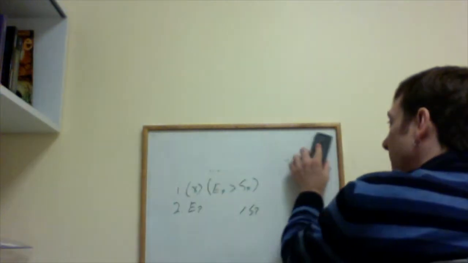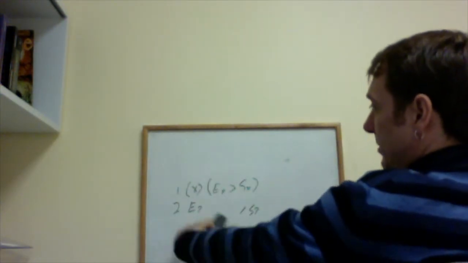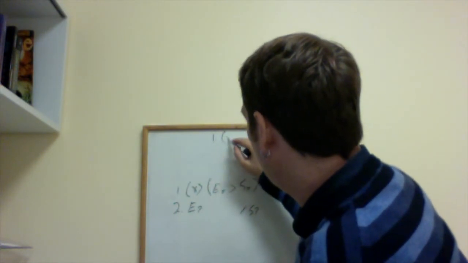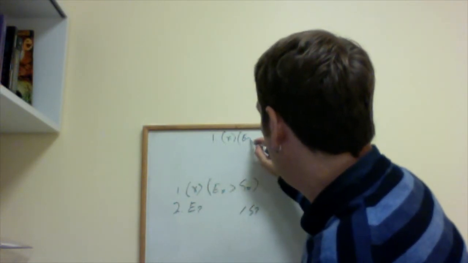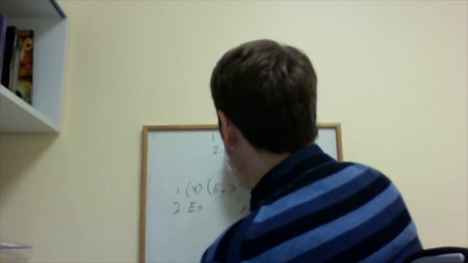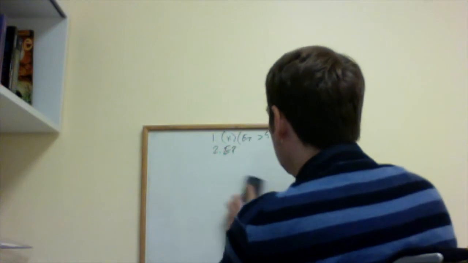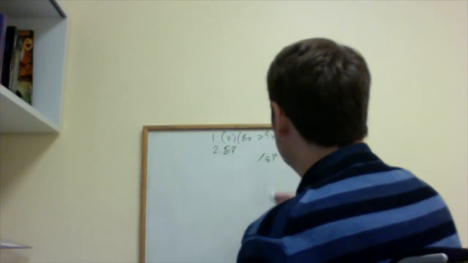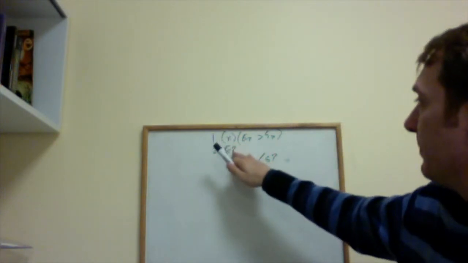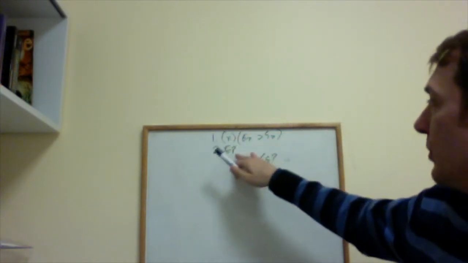Okay, so now we've translated our argument into this more abstract form. Let me rewrite it up here. So we have premise 1, for all x, Ex horseshoe Sx. Premise 2 is EP, and the conclusion is SP. Now the thing to note here is that this clearly is a form of modus ponens hanging out in here.